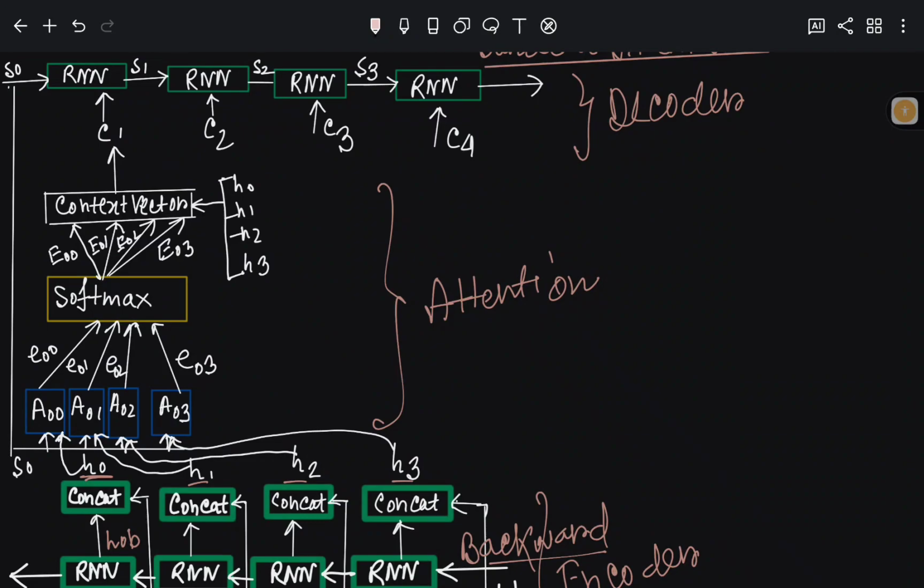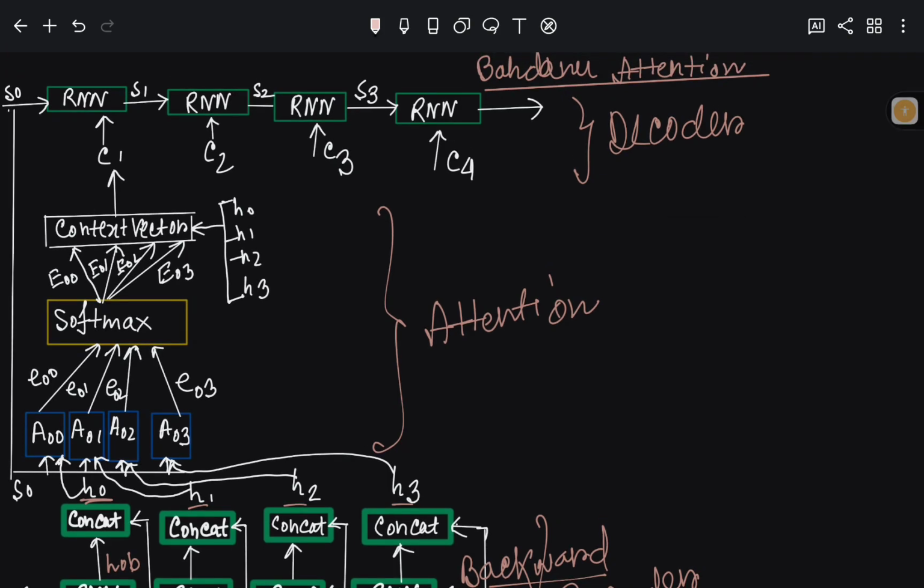Now let's talk about the attention mechanism, how attention generally works. Here we have the attention layer, where initially we get A00, A01, A02 and A03. Now let's look into how these As are calculated, and also the individual small e's and the capital E's.